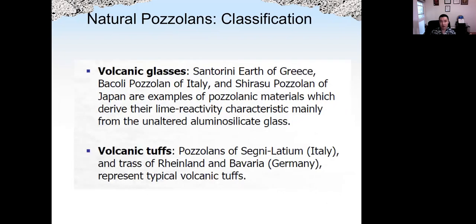We may have different classifications of volcanic materials, such as volcanic glasses. This is an example of the source of the volcanic glasses. And volcanic tuff, which is a pozzolan from Italy or Germany.